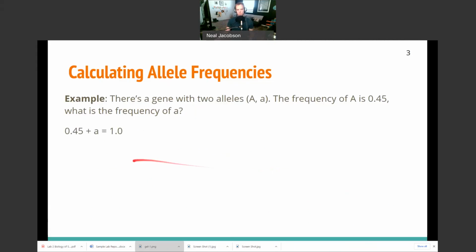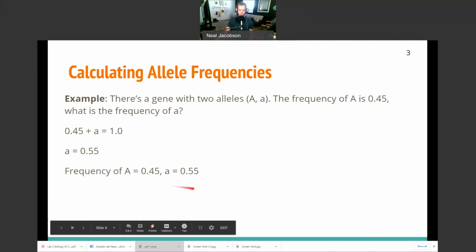So I can write it into this formula like this, where the frequency of big A plus the frequency of little a has to add up to 1. And so I can just solve for little a. I can just subtract 0.45 from 1.0, and I get little a is equal to 0.55. And so now I know the frequency of big A is 0.45 and the frequency of little a is 0.55.